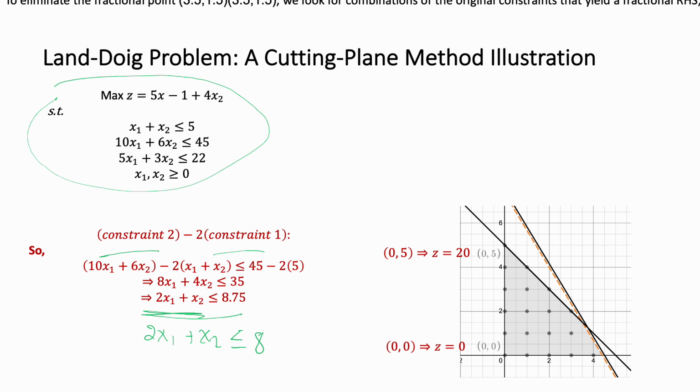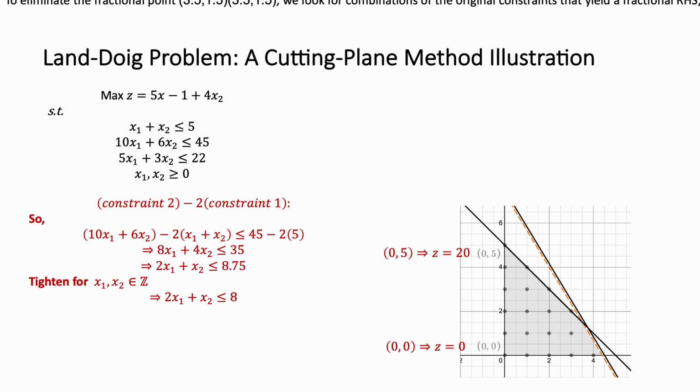So therefore, this is a legitimate cut. Now, for the integer values of x sub 1 and x sub 2, we can tighten. So this one was what I've said earlier. If we tighten this, we get this.